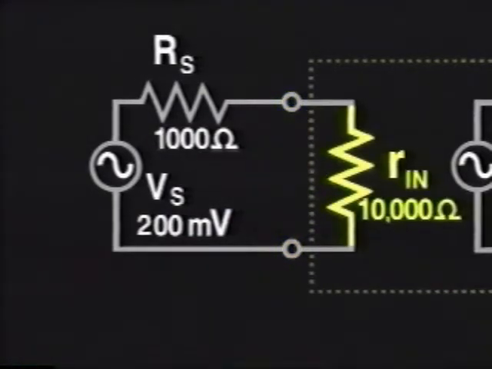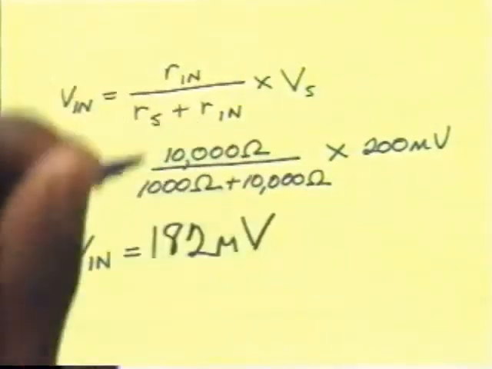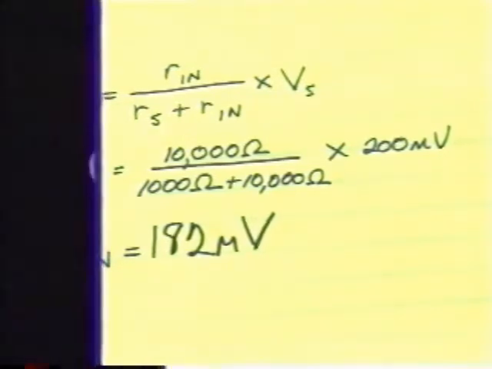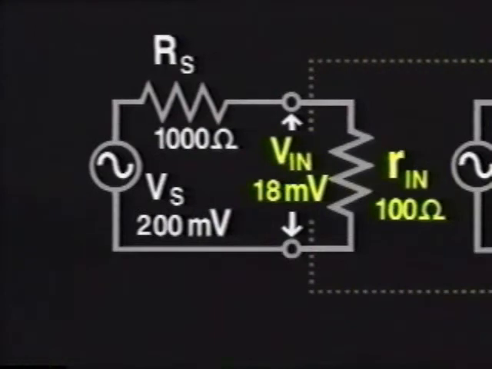Let's look at another example with Rs and Vs remaining the same. The input resistance now is 10,000 ohms. Your calculations will show that the amplifier has at its input about 182 millivolts to amplify. You can see that by looking back at the earlier example, the greater the value of the input resistance, the greater the value of the input signal to the amplifier.